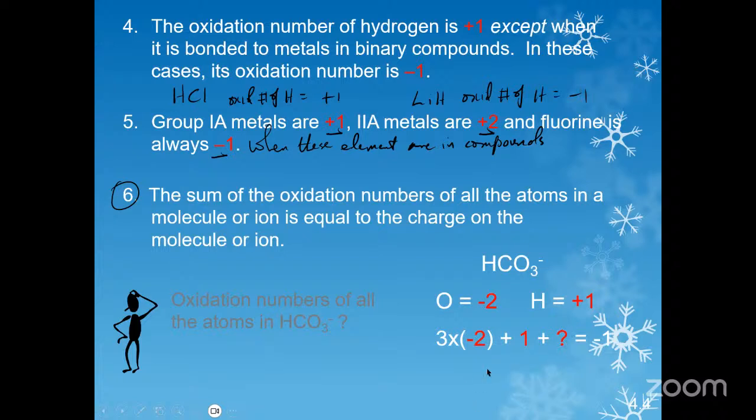So we just add up the oxidation numbers of oxygen times 3 because you have 3 of them, +1 for the hydrogen, plus we don't know what that is, but the sum of that we know is equal to -1 because that's the overall charge. And therefore, all we need to do is find out what this is, and it turns out that the oxidation number of carbon is +4, right?